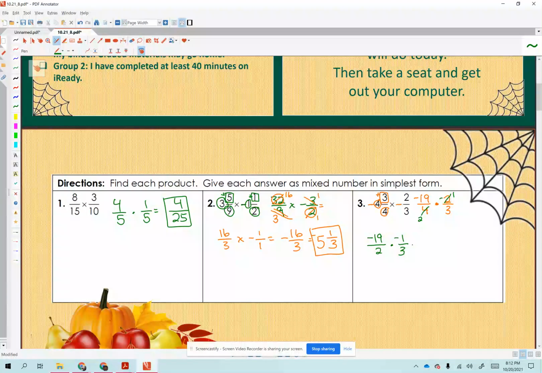So negative 19 times negative 1 is a positive 19, and 2 times 3 is 6. And when we divide 19 by 6, 6 times 3 is 18 with 1 left over. So that will be 3 and 1/6 as a final answer.